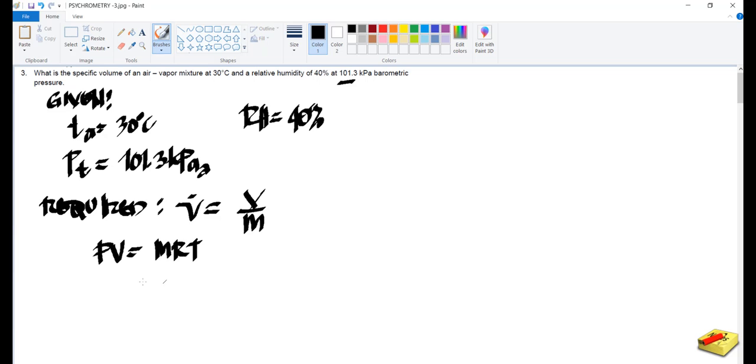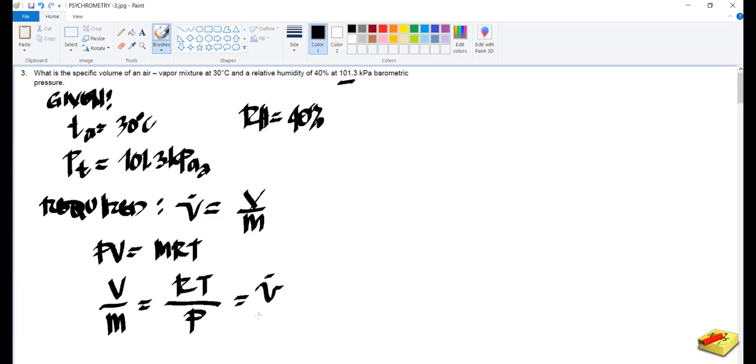Deriving our equation, we have volume over mass, which is RT divided by the pressure. So this is now your specific volume.